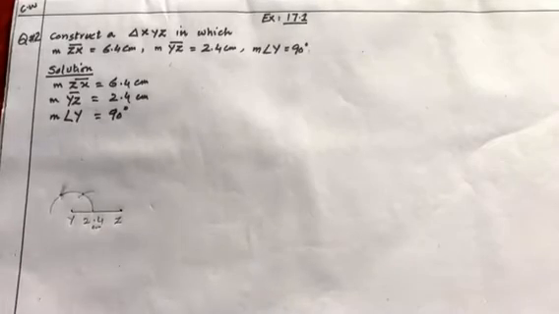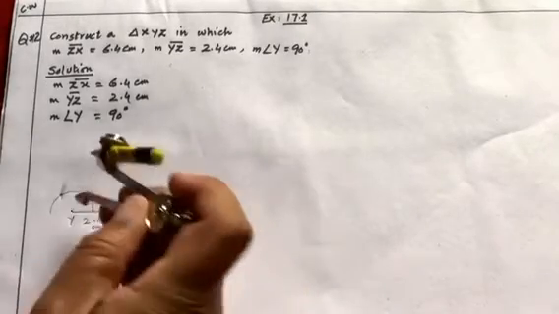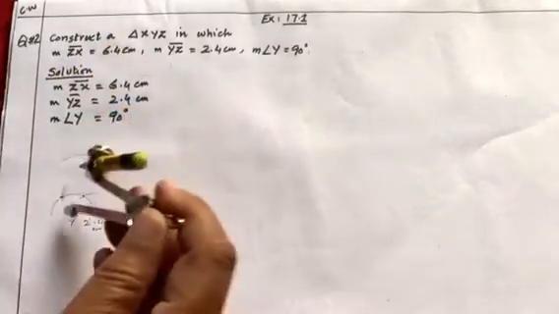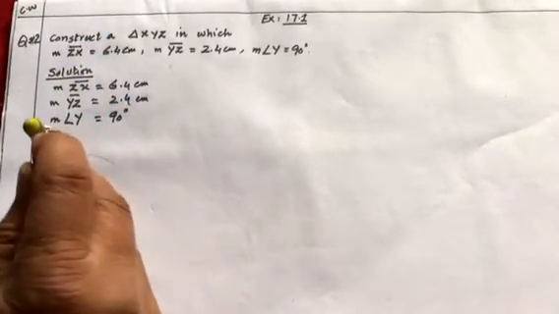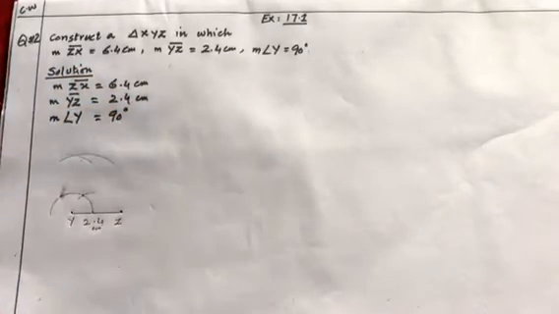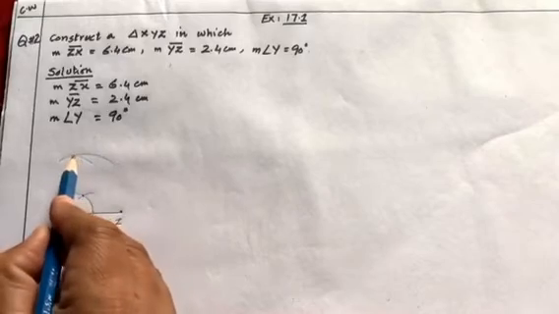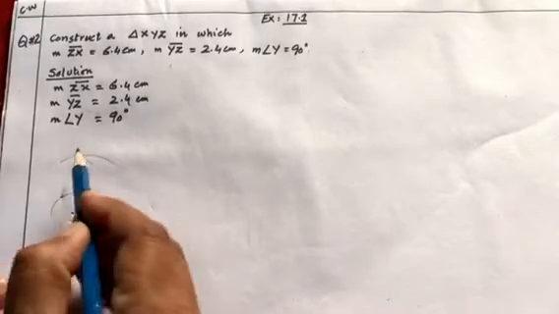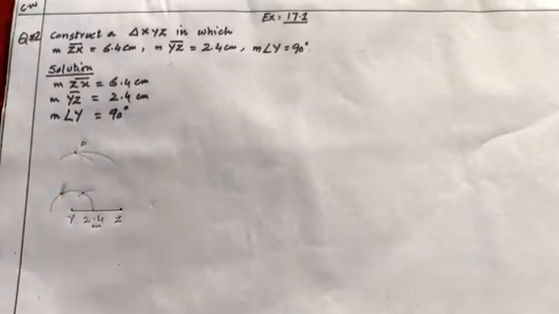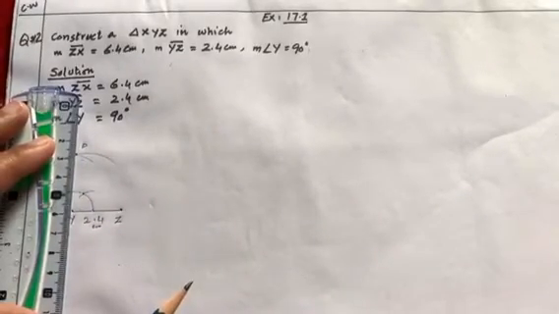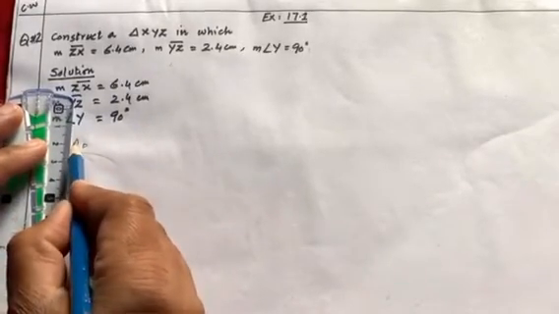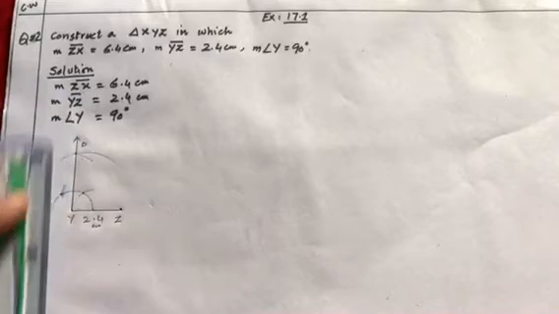Now we will open our compass suitably, place it at the 60 point and draw an arc, and with the same radius draw one at 120, and bisect 60 and 120. We will have the angle of 90 degrees, which meets at this point. We give it the name P. Now we will join P and Y. So it is the required angle of 90 degrees.